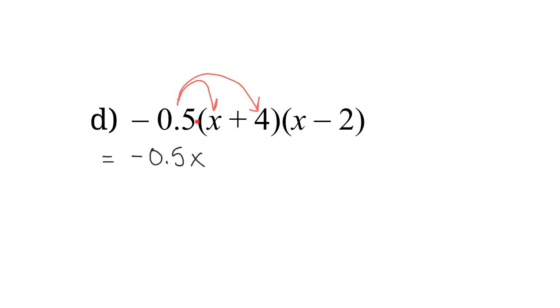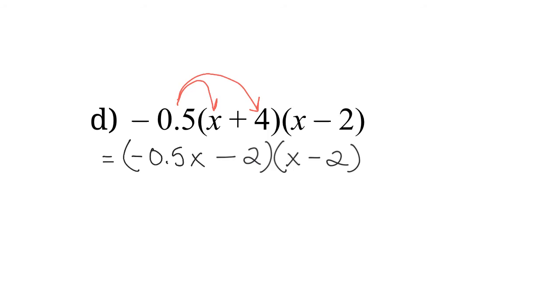And then I have negative 0.5 multiplied by 4, which is going to give me negative 2. That answer I'm going to keep inside a bracket because we still have that whole binomial attached to (x - 2). And now I can take these 2 binomials and perform the FOIL method in order to expand and simplify.